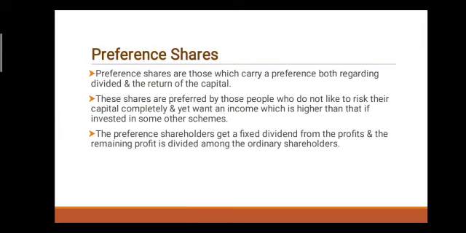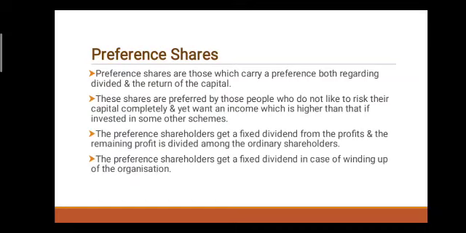The preference shareholders get a fixed dividend from the profits, and the remaining profit is divided among the ordinary shareholders. The preference shareholders get a fixed dividend in case of winding up of the organization.